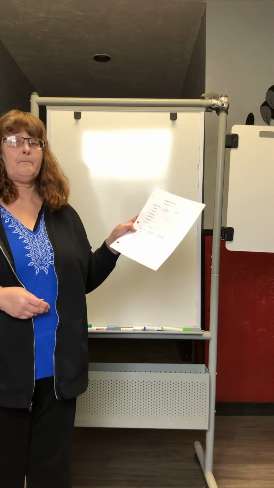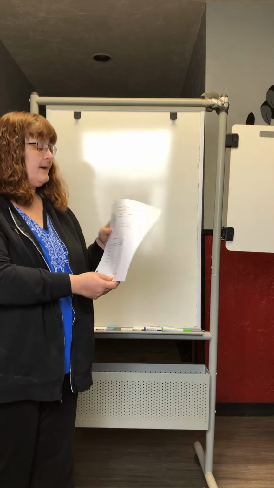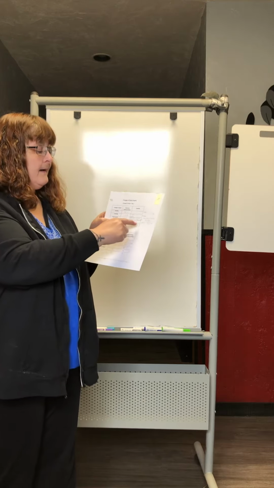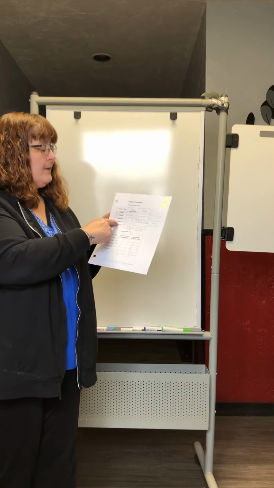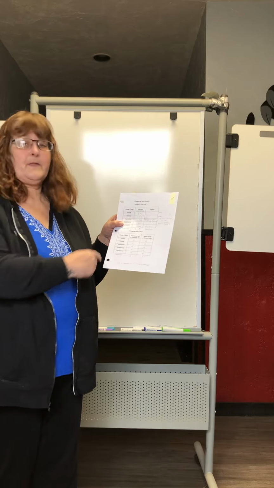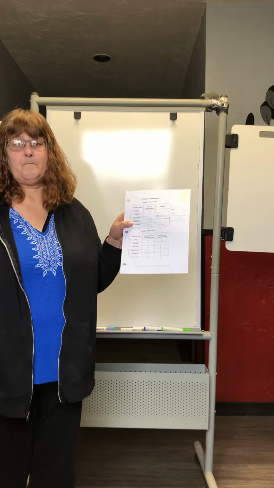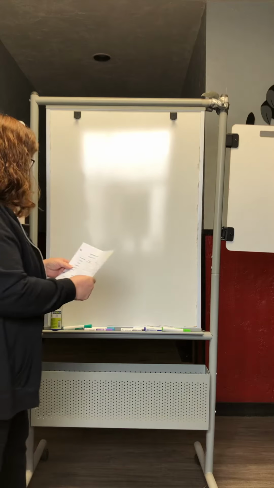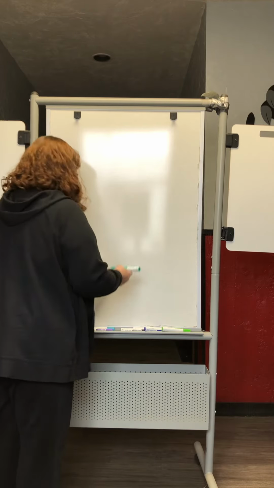Now, I want you to look at your changes of state graphic. There is a chart at the top that says part 1, and a chart at the bottom that says part 2. All right, so here's what we have.